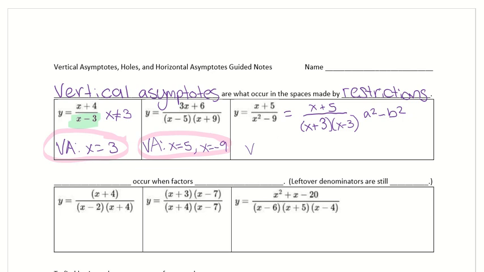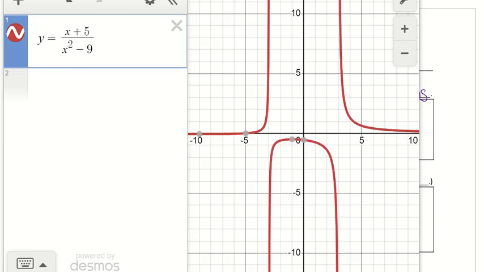And that means that we will have vertical asymptotes at x equals negative 3 and at x equals positive 3. And again, as we look at the graph, we can see at those breaks are those imaginary lines that we just wrote the equations of. So we're writing the equations of those imaginary guidelines, one at negative 3 and then one over here at positive 3.